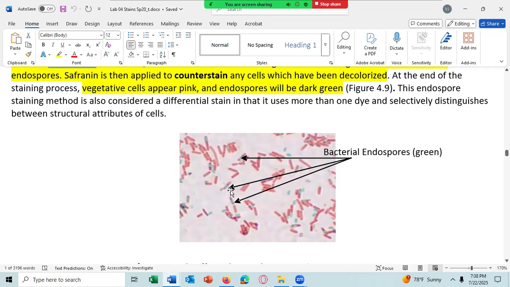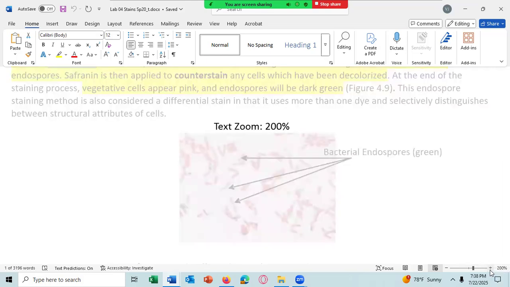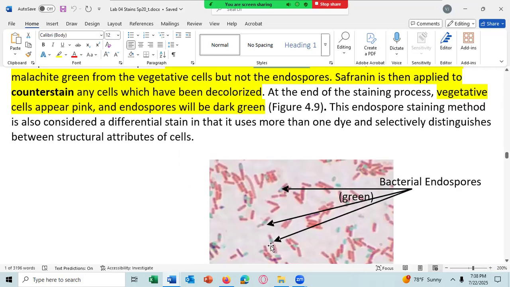Here we have the endospore growing within the parent cell. Let me blow that up even further. So right there we have the green endospore within this pinkish parent cell. So there's a little bit of the parent cell on that side and most of the parent cell on that side. Any question about endospores?